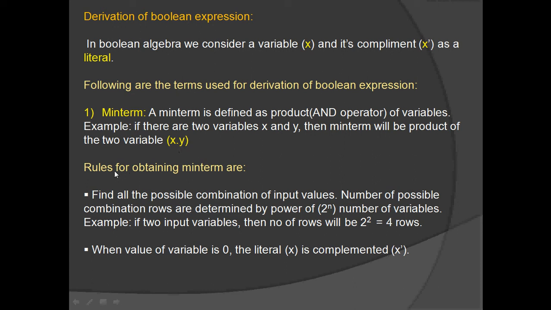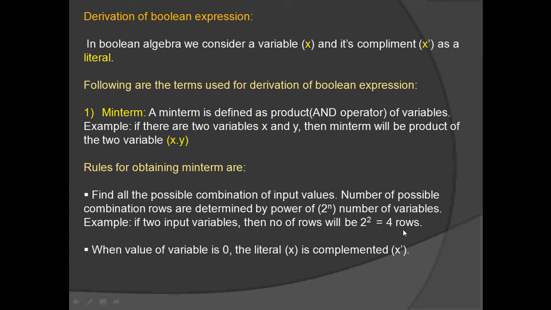Now the rules to obtain the min term are: first, find all the possible combinations of input values, that is, the number of possible combination rows is determined by 2 raised to the power n, where n is the number of variables. So if two input variables are used, then the number of rows will be 2 to the power 2, which is 4 possible combination rows.